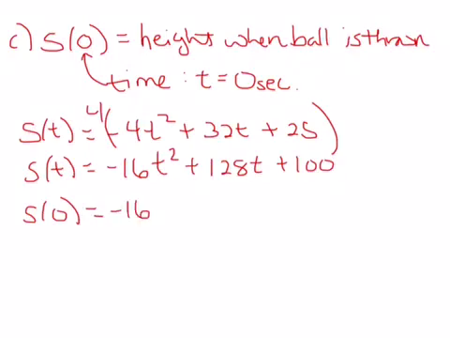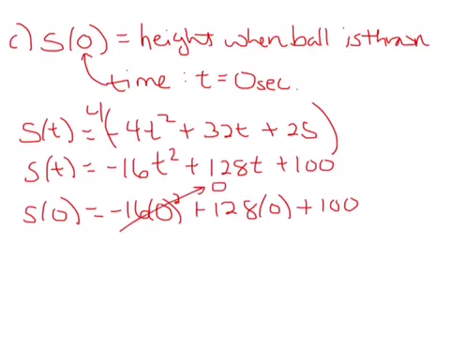All right, last thing to do, plug in S of 0. That's negative 16 times 0 squared plus 128 times 0 plus 100. This is 0. This term, 128 times 0, is also 0. So we have S of 0 equals 100.